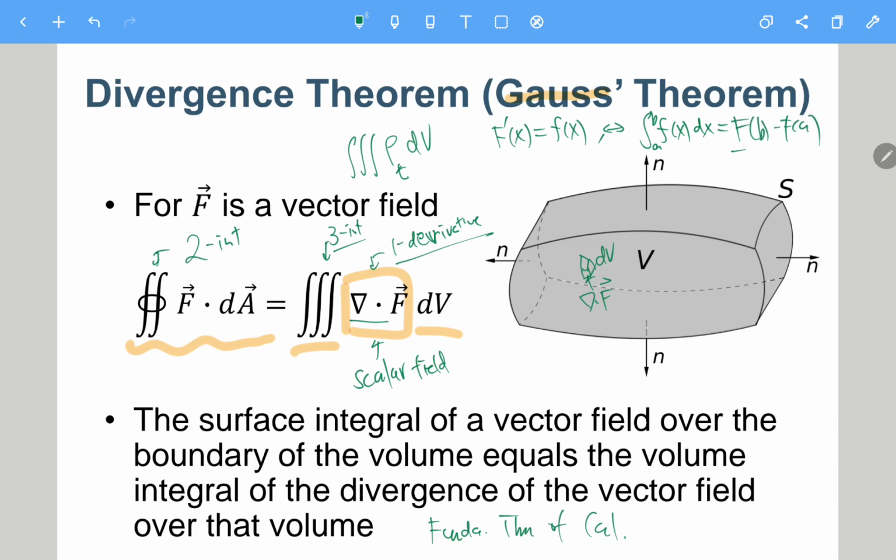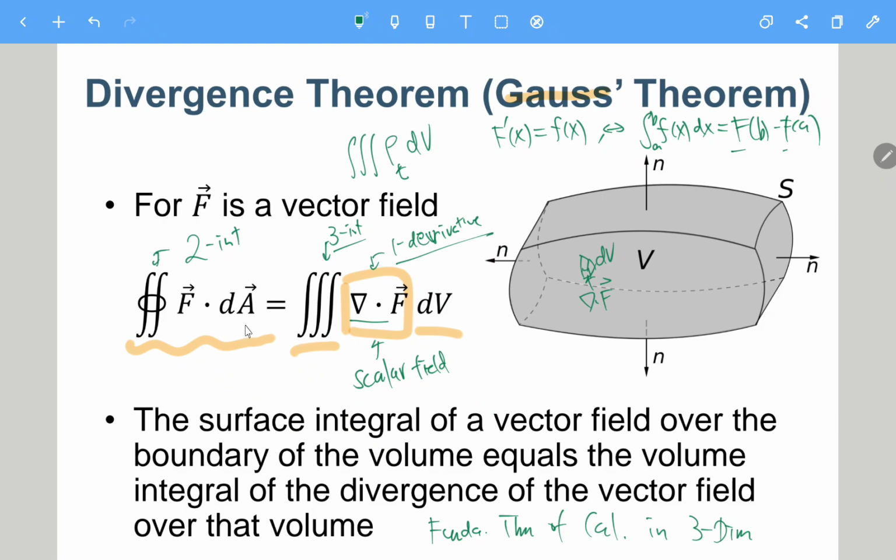You take the antiderivative, and then you plug in the lower and upper bound. This is the fundamental theorem of calculus in one dimension. And this is the fundamental theorem of calculus in three dimensions.